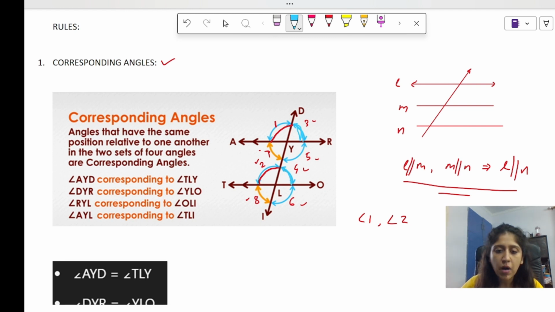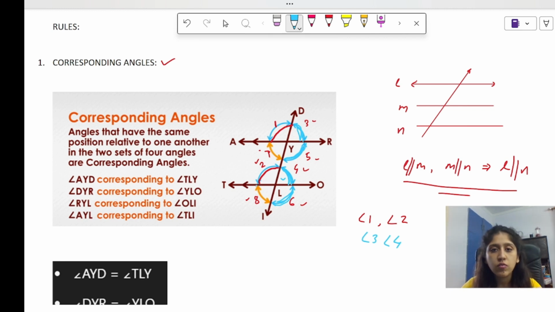I hope the marker is clear to you. So angle 3 and angle 4 are corresponding angles. I hope pattern समझ में आ गया है. 1, 2, 3, 4. Now 4 and 5, this angle, and the 6 angle, they are also corresponding. 7 and 8 are also corresponding.